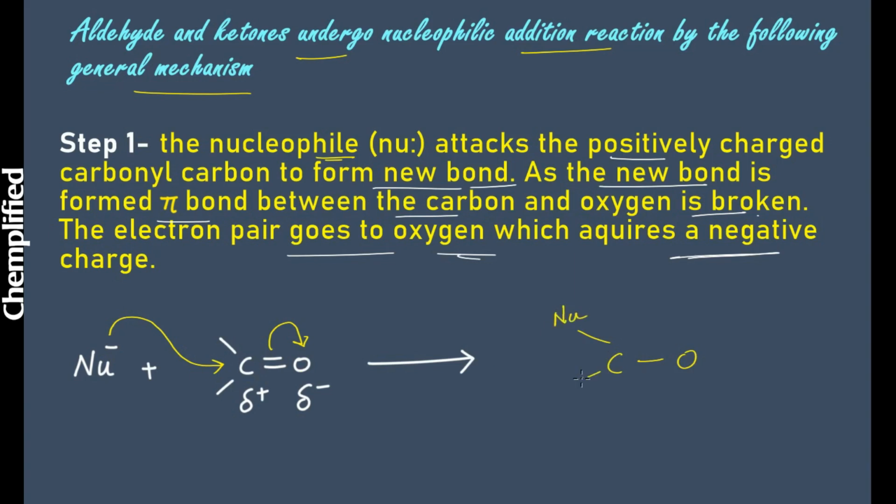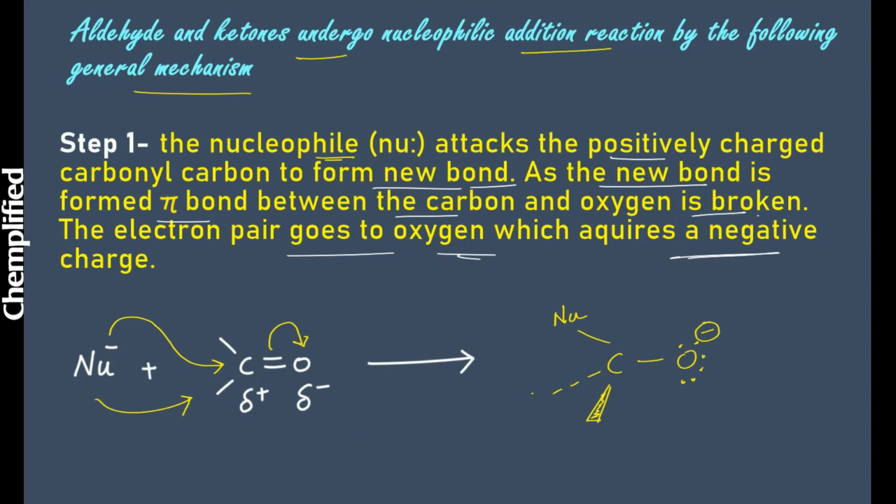Nucleophile, and these are your two other groups. Now the oxygen will have a negative charge, right? This was the first step. The nucleophile will attack the carbon, and the pi bond electrons move towards the oxygen.